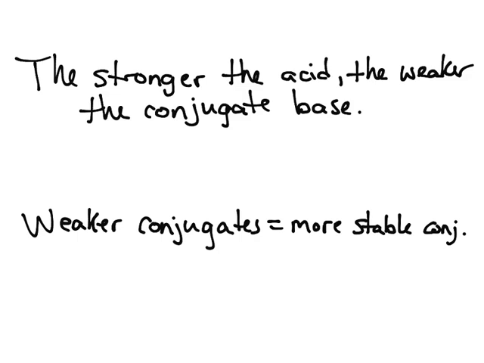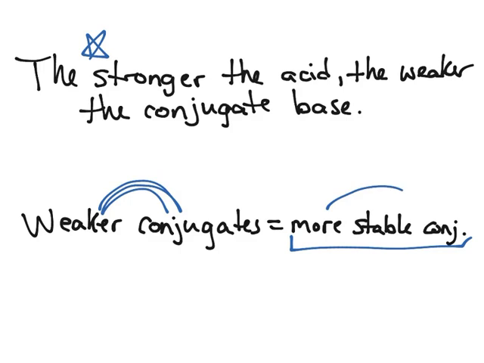Well, this stems from the fact that the stronger an acid, the weaker that conjugate base is, the less able that base is to reaccept a proton that was donated. That has to do with the stability of the anion that's produced. So these weaker conjugate bases are actually more stable from a chemical standpoint.